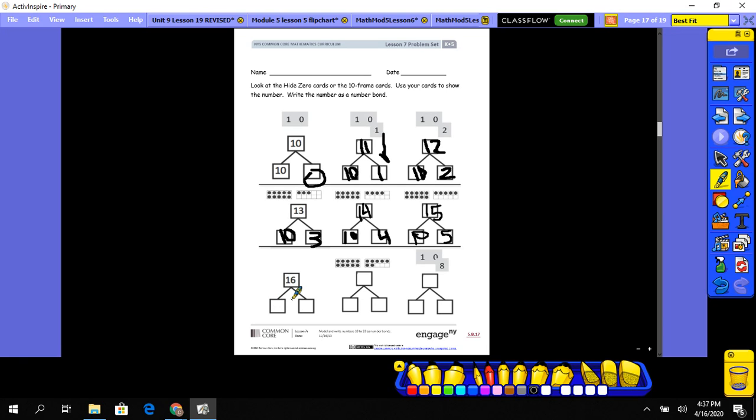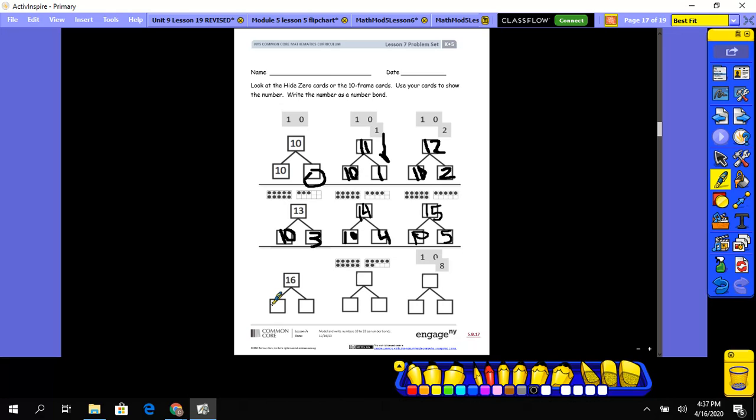Look at the next one. Oh no, there's no picture to help me. I see 16. Is this a part or the whole amount? It's the whole amount. Now I have to think. What are the parts for 16? Well, what's 16 the say 10 way? 10, 6.